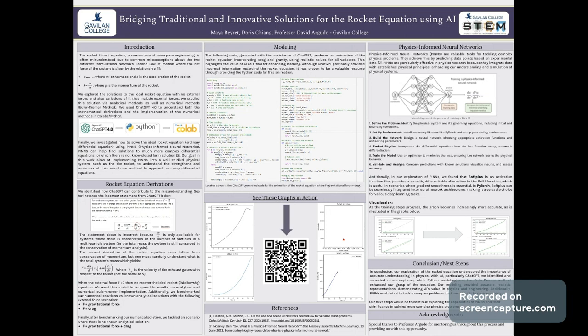So in conclusion, we looked at the rocket thrust equation and how ChatGPT engagement has to be used through a critical lens. We also modeled the rocket thrust equation with different external forces and explored how PINNs can be used to achieve solutions that are difficult to solve manually.